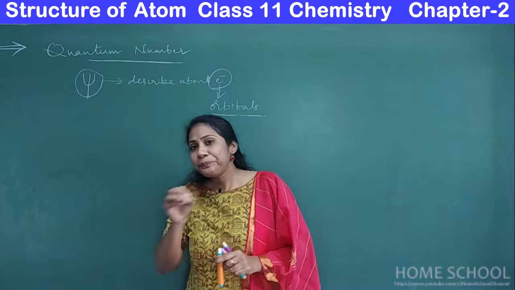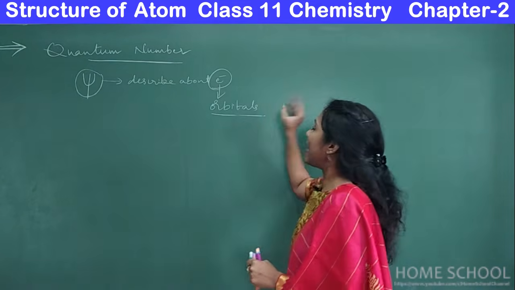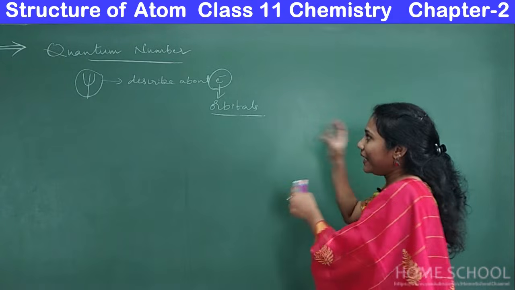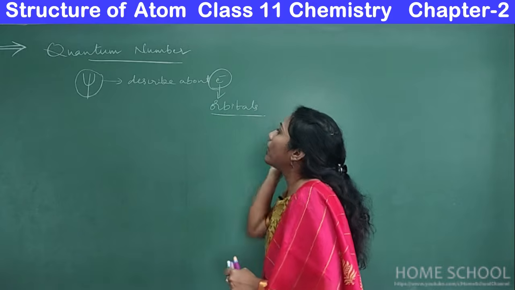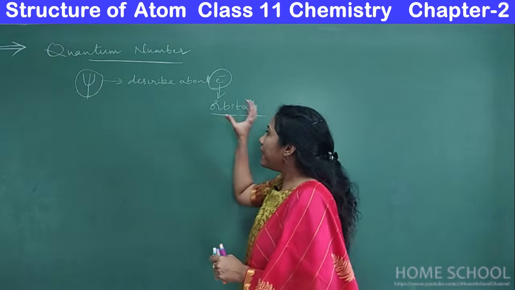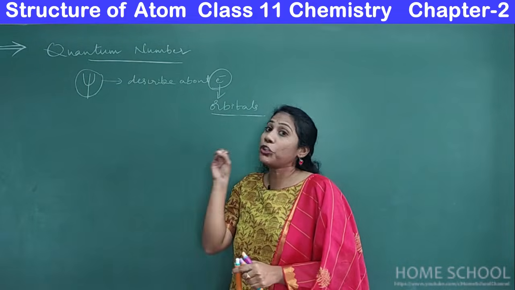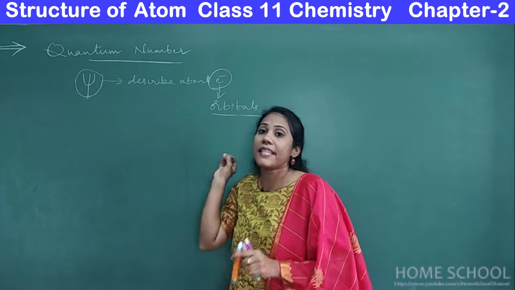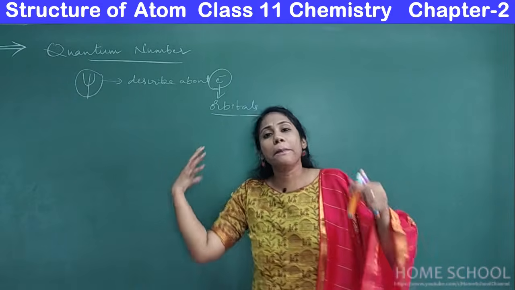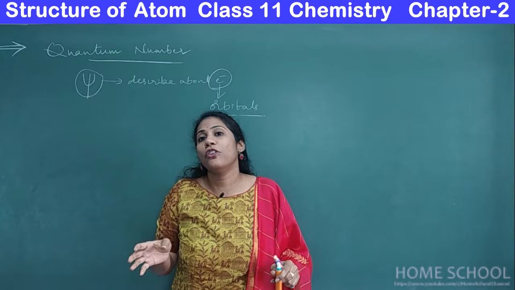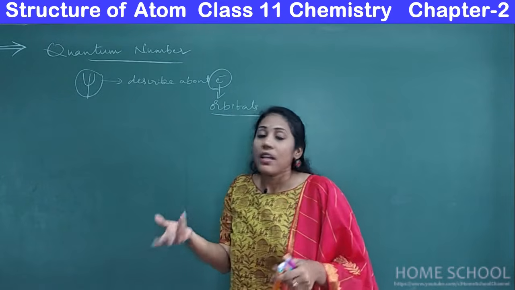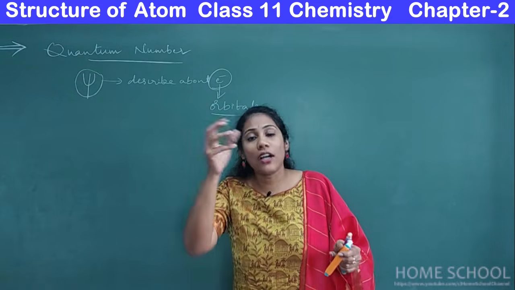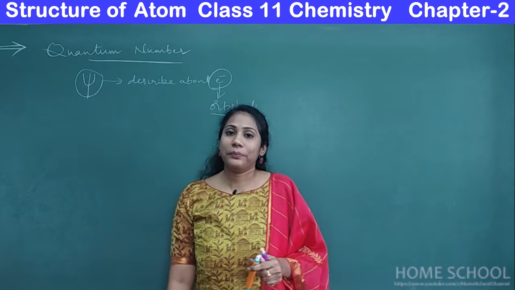So people started believing in something called orbitals. Schrödinger and Heisenberg said electrons are present in orbitals. There are many orbitals present around the nucleus. Why? Because there are many electrons in a particular atom.